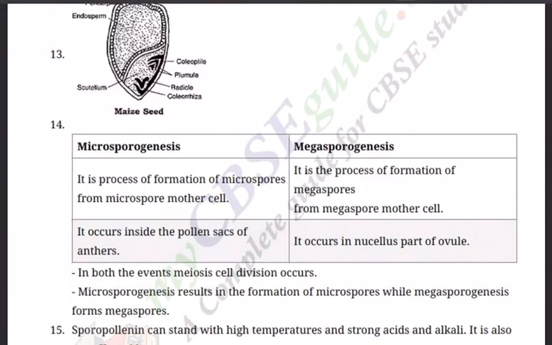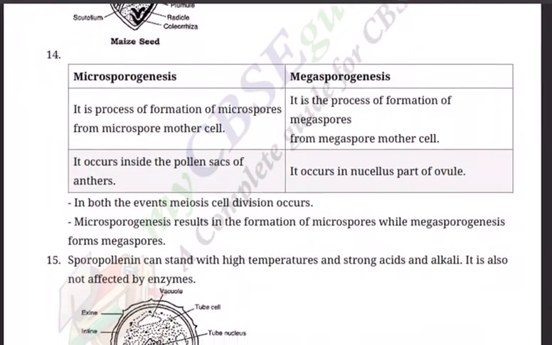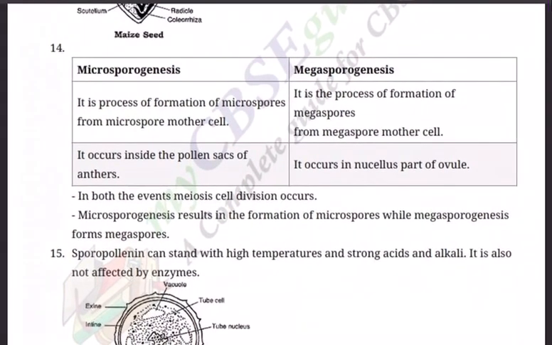Microsporogenesis occurs inside the pollen sacs of anthers, whereas mega, it occurs in the nucellus part of the ovule. In both the events, of course, what happens? Meiosis takes place. Microsporogenesis results in the formation of microspores, while megasporogenesis results in the formation of megaspores.